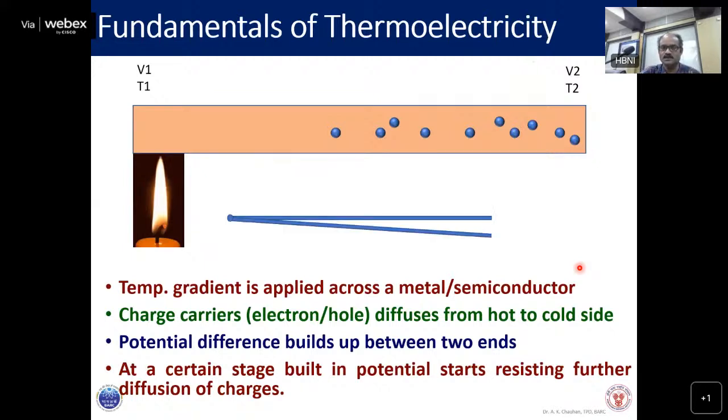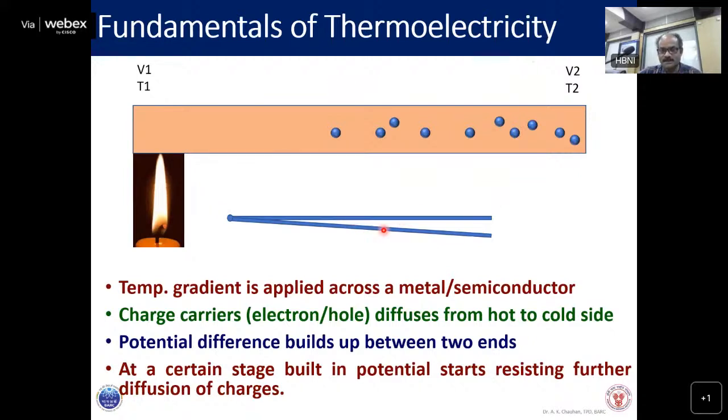Now this was when you have a single material. Suppose you have the same material, and you place one rod and another rod of the same material like this. What will happen? You heat this part, and electrons will go towards this side.